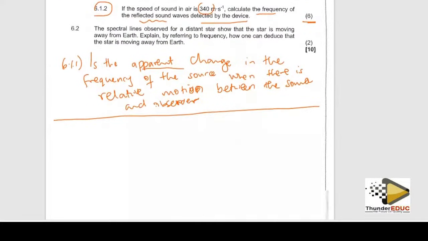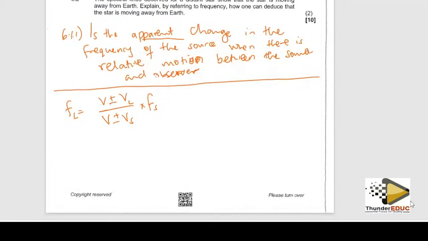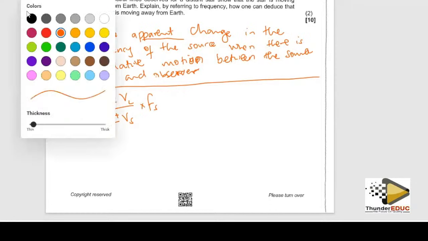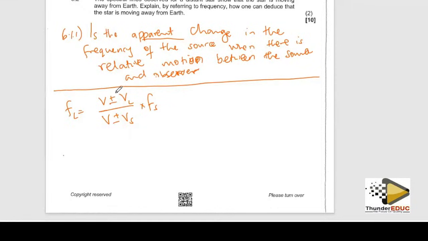Let's first find the frequency that the person in the car is going to observe. From FL, we have V plus or minus VL over V plus or minus VS, times Fs. Since the listener is approaching the source, we expect the frequency to increase, which means we're going to have a plus on top and a minus below.